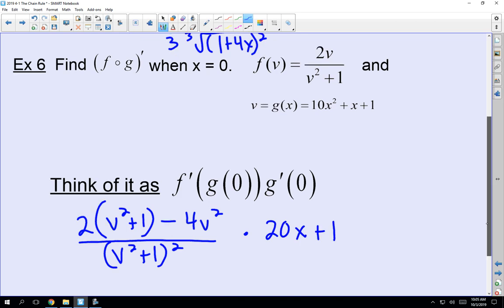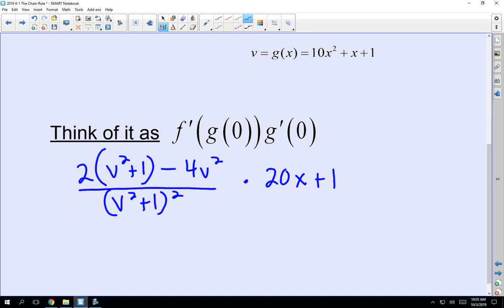And then if I want to put 0 in, what am I actually plugging 0 in for? Not quite. Just x, right? So I can put 0 in there for x.